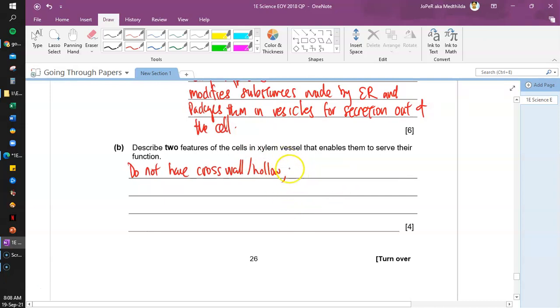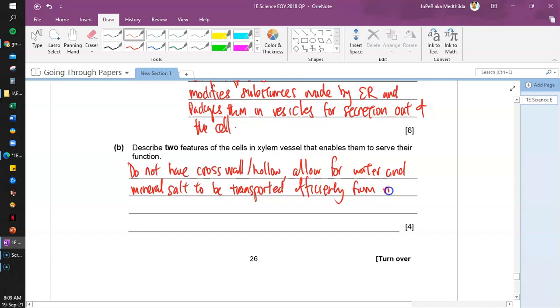This allows water and mineral salts to be transported efficiently from the roots to the rest of the plant.